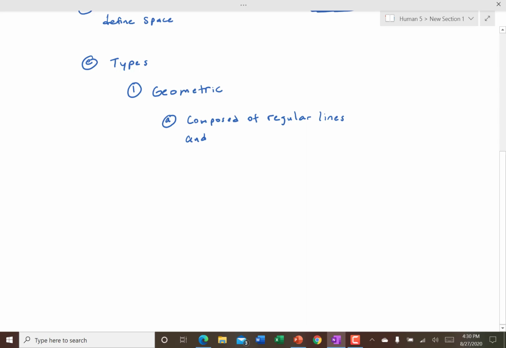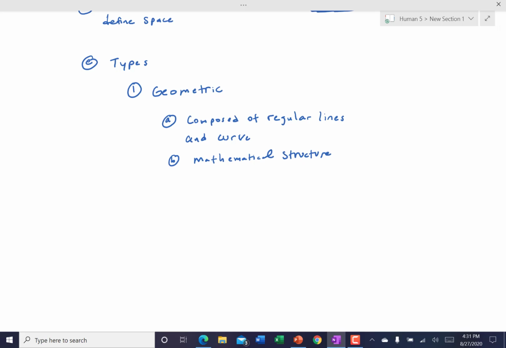They can have curves, like the circle. These tend to be connected to mathematical structure, and they're most often used in math as well.